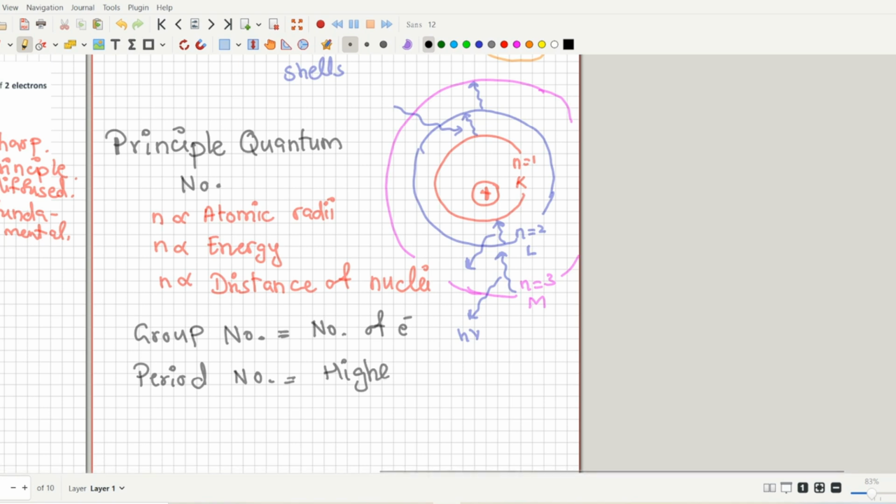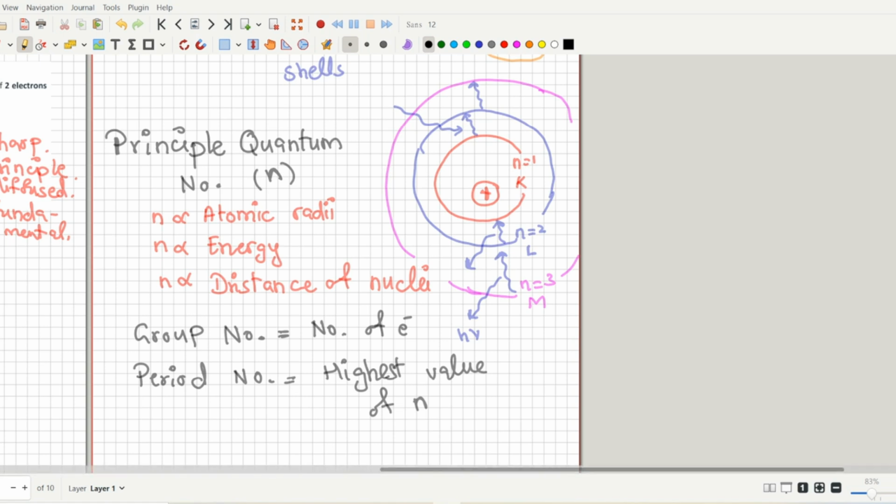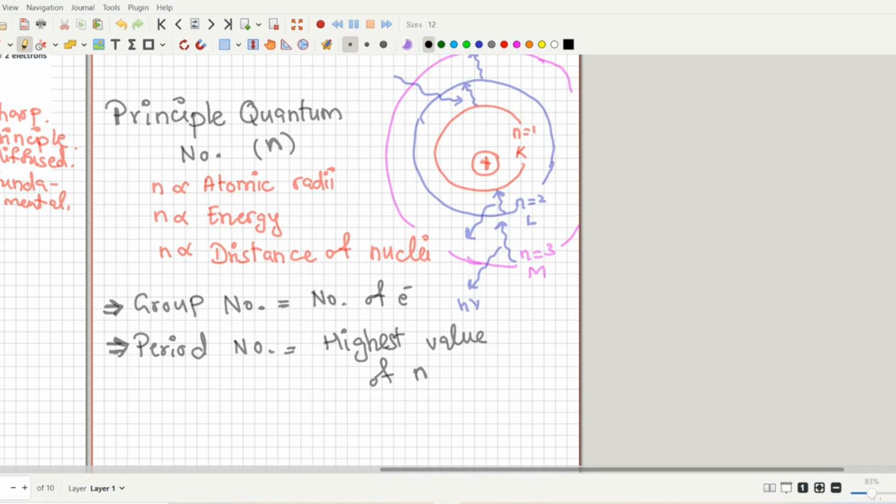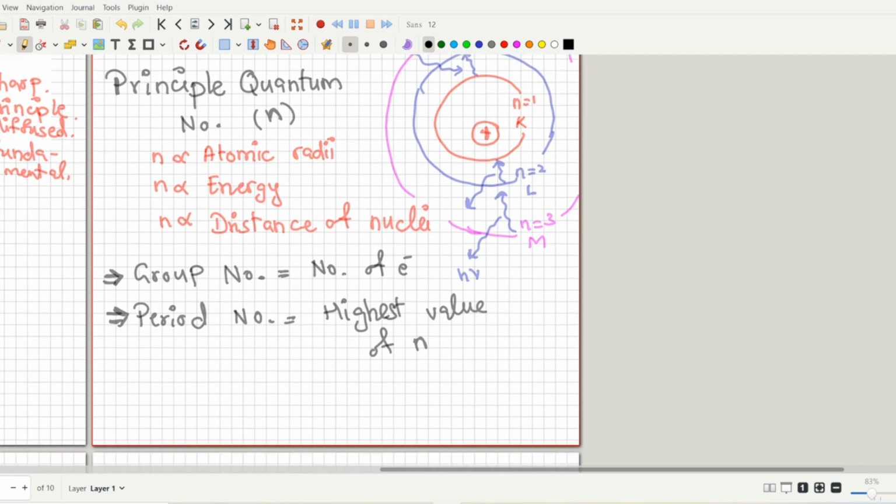Principal quantum number is also shown by n. That means the shell is discussed in the principal quantum number. We just discussed everything about shells in the principal quantum number. So this was a shortcut formula or a cheat code that you can use in your IMAT exam.